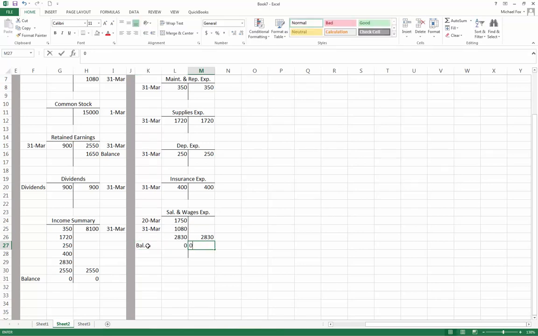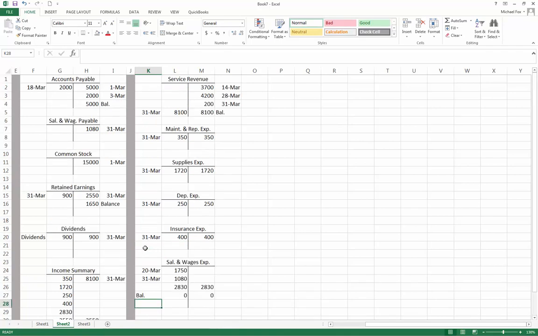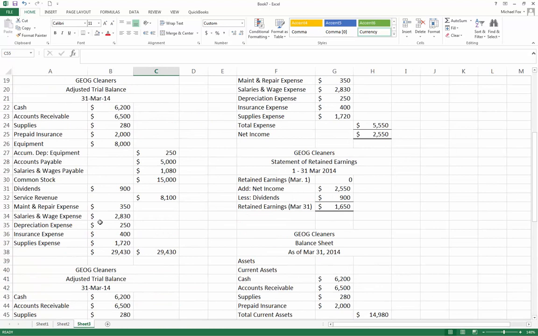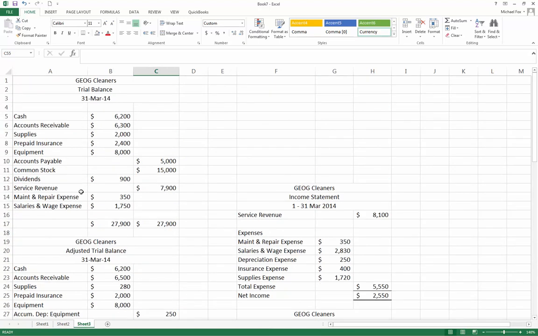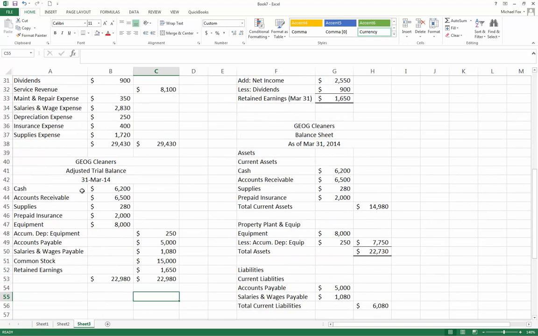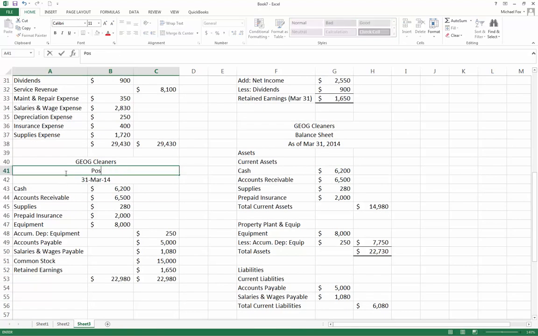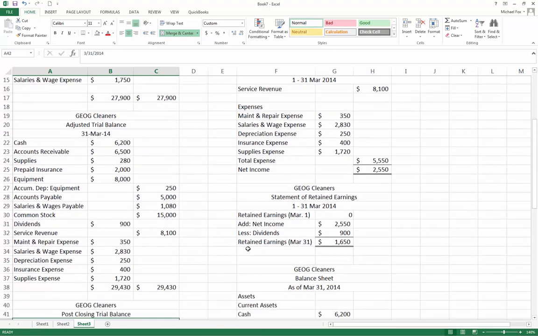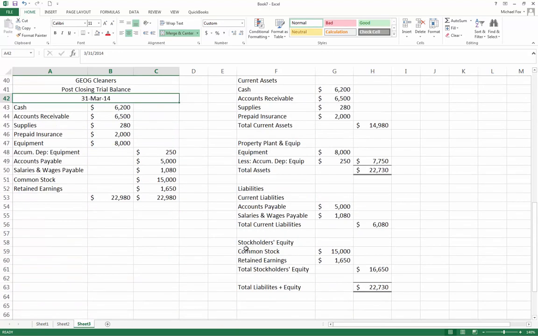But I think you get the point. And then we have our trial balance. Sometimes it's called an unadjusted trial balance, our adjusted trial balance, and our post-closing trial balance. We have our income statement, our statement of retained earnings, and our balance sheet.